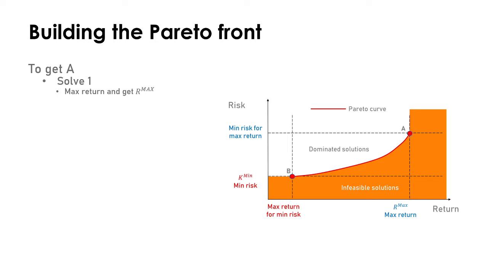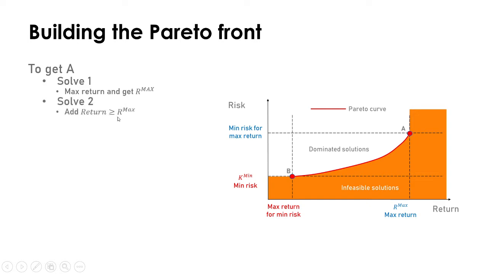And to make sure we're getting point A and not all the points that correspond to a large risk for the same return, we have to solve the model again, and we have to bound the return.